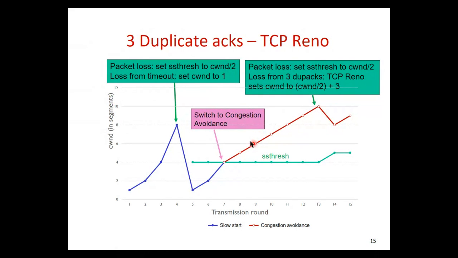Whenever there's a packet loss, SS threshold is set to CWND divided by 2. The third thing you need to know is SS threshold determines the mode of operation of the TCP sender. If CWND is greater than SS threshold, it is in congestion avoidance. If it is lower than SS threshold, it is in slow start.